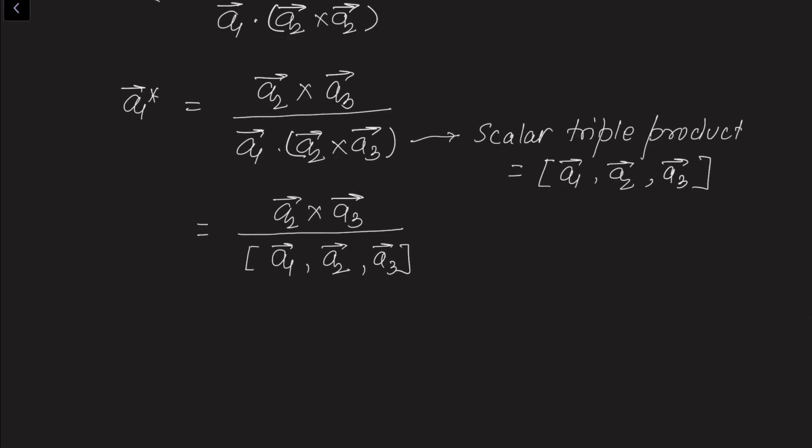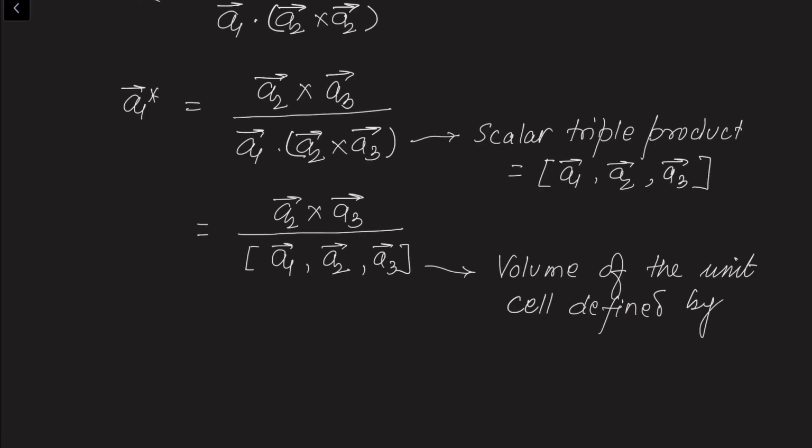And if you recall, this scalar triple product actually has a physical interpretation. This is nothing but the volume of the unit cell defined by A1, A2, A3.